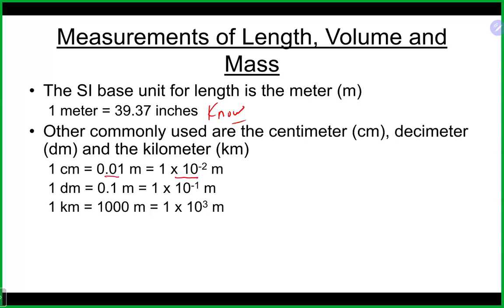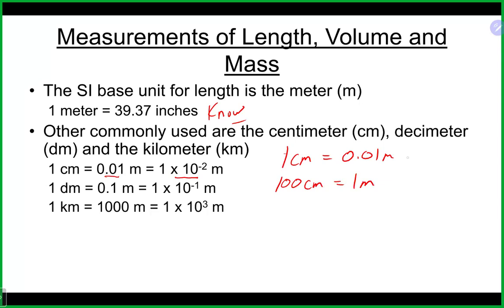One is written in scientific notation, which we'll talk about a little bit later on in this chapter, and one is in decimal form. That is definitely a conversion that you should know. And there is the opposite, larger conversion, where 100 centimeters is equal to 1 meter.